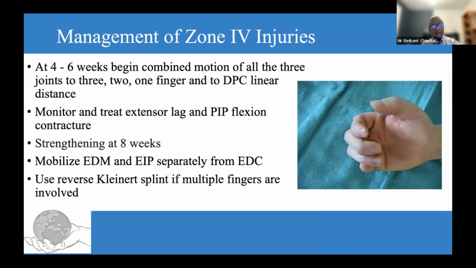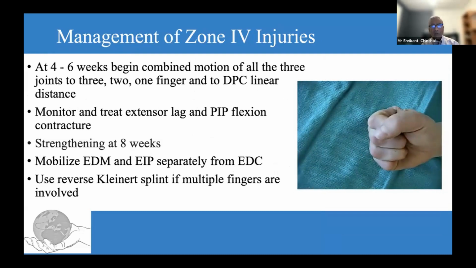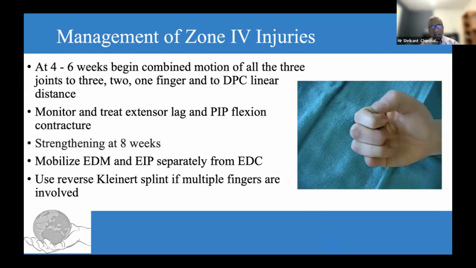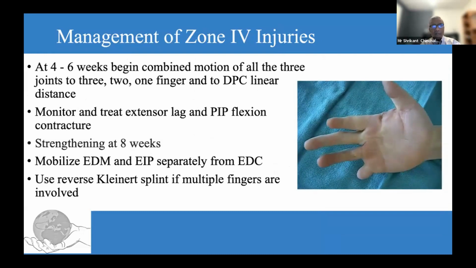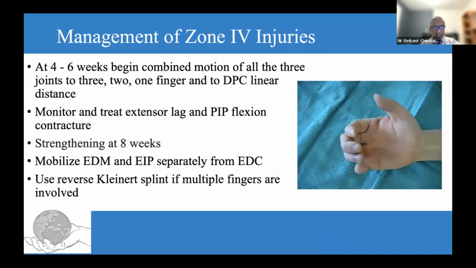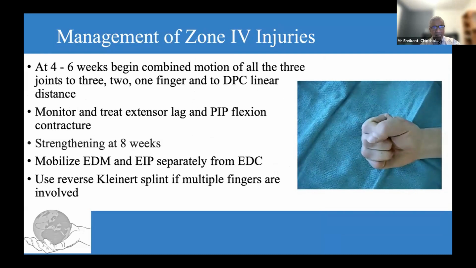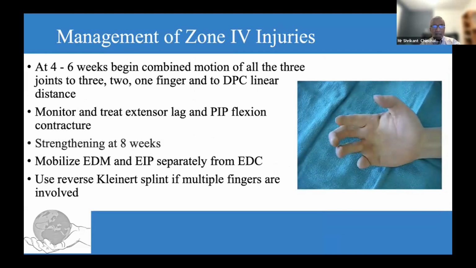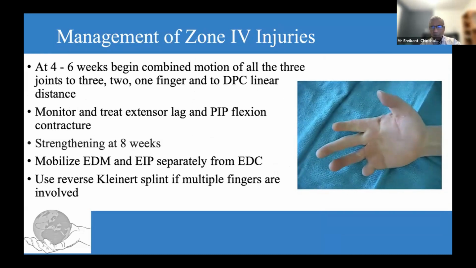So at 4 to 6 weeks, we can begin with combined motion of all 3 joints to a 1 finger distance, linear distance from the distal palmar crease. It's important that we monitor and treat extensor lag and PIP joint flexion contracture. We can begin strengthening at 8 weeks.